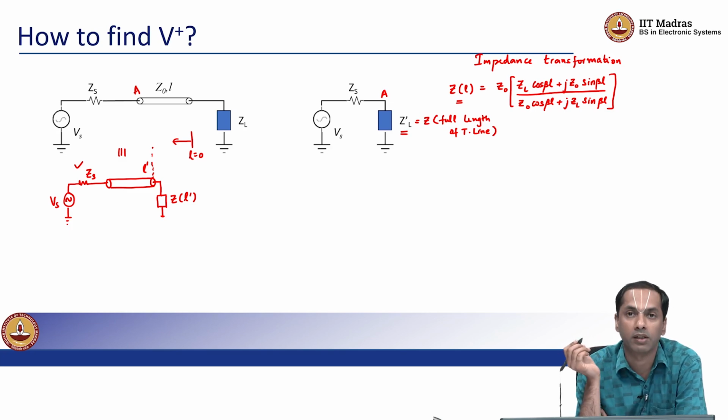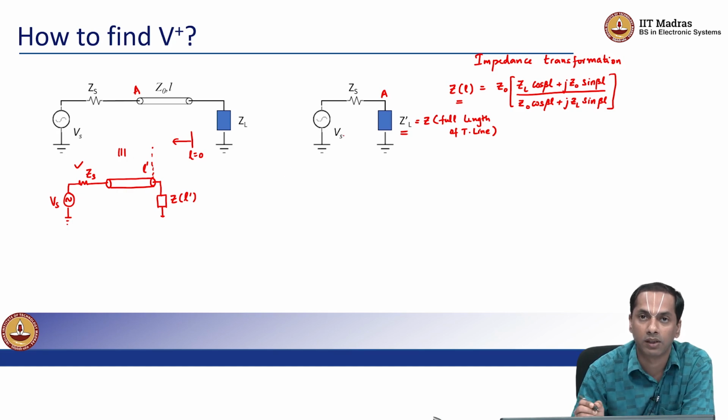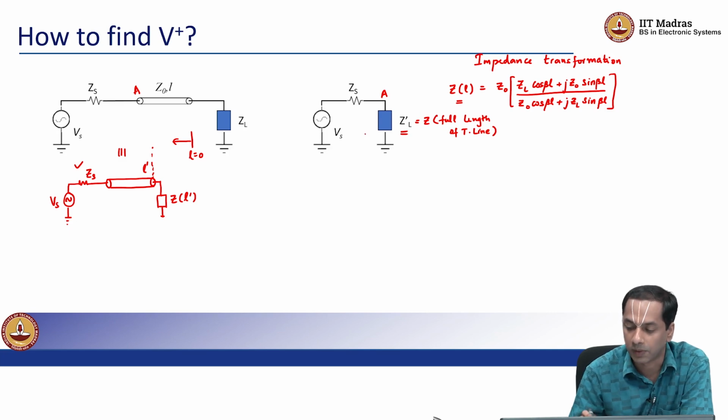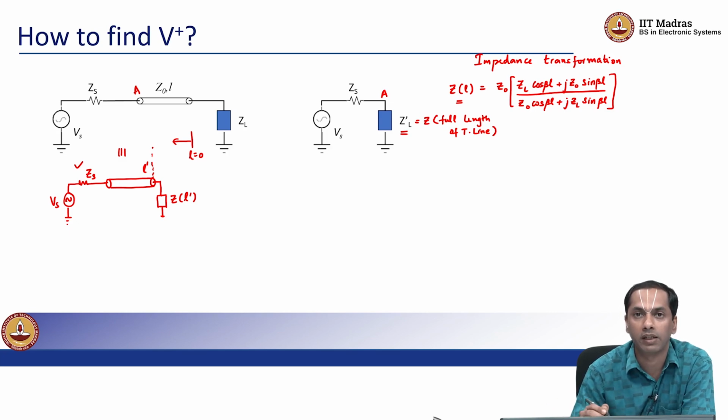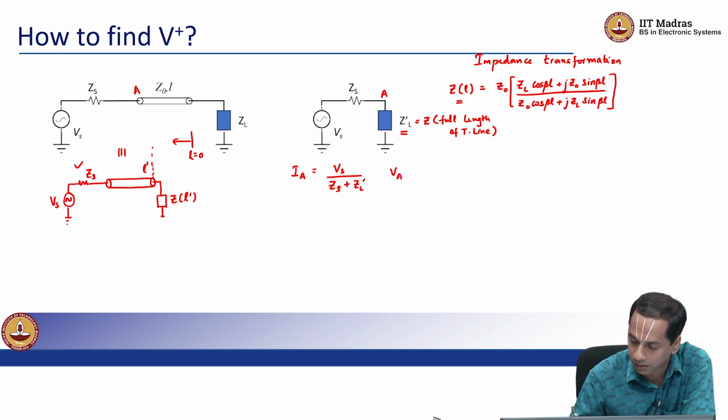Now the question is, what is our V plus? So we are going to say at point A, now we can just use Kirchhoff's current and voltage laws that you were taught, right, to analyze this just as a lumped circuit, because all the transmission line effects have been taken care of by this impedance transformation, right. So I can simply just say that the current flowing through the circuit is the source voltage divided by the total impedance, and then the voltage across the load is quite simply the current multiplied by ZL prime.